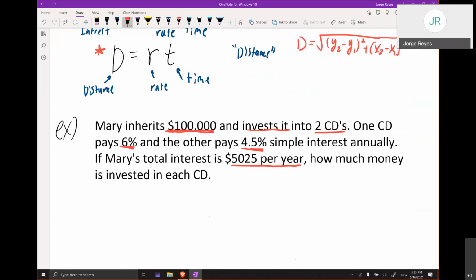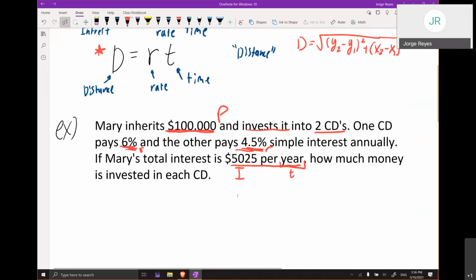So this is the principal. And these are interest rates, so these are R's. And then her total interest, you see the word year here. So time should be year, and total interest is this, I.